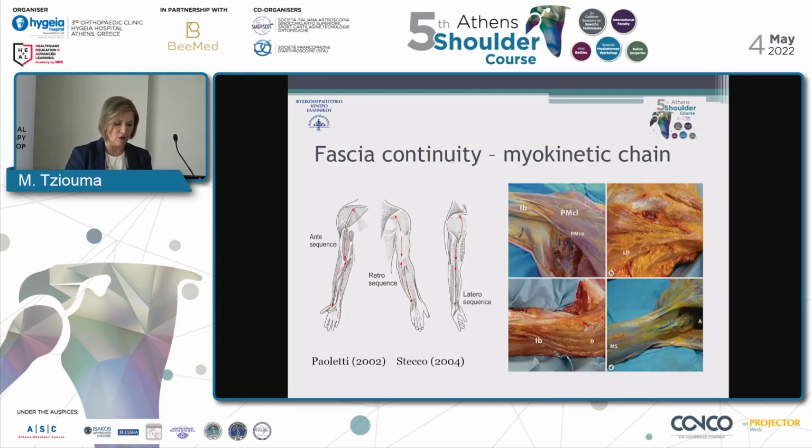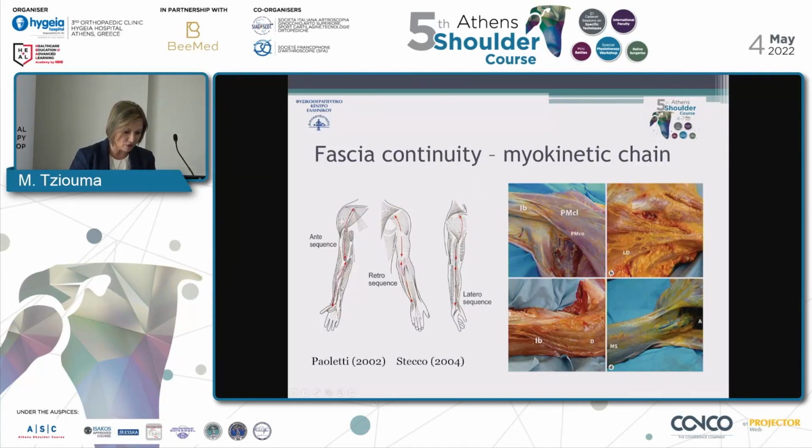Pirri and Stecco hypothesized that the deep fascia between two joints carries perceptive and directional continuity along a specific myokinetic chain. Maybe this is why patients have pain in other areas, with fascia acting as a transmission belt between two adjacent joints and also between the synergic muscle groups.